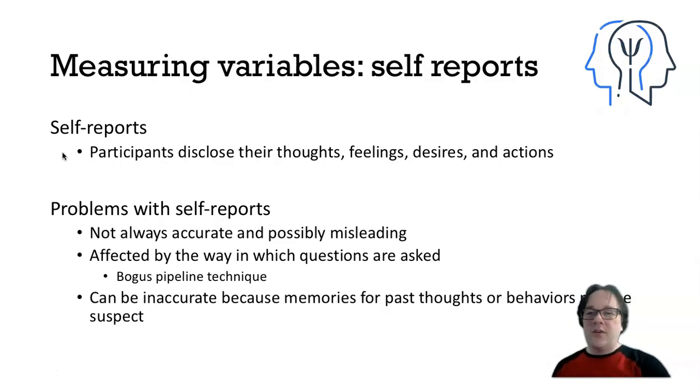Otherwise, most of us are going to try to present ourselves in a more socially desirable light. This is why some of the self-reports about the differences between men or males and females when it comes to lifetime sexual partners can't really be trusted so much, because males will tend to overestimate the number of people they've slept with, and females will tend to underestimate the number of people they've slept with.